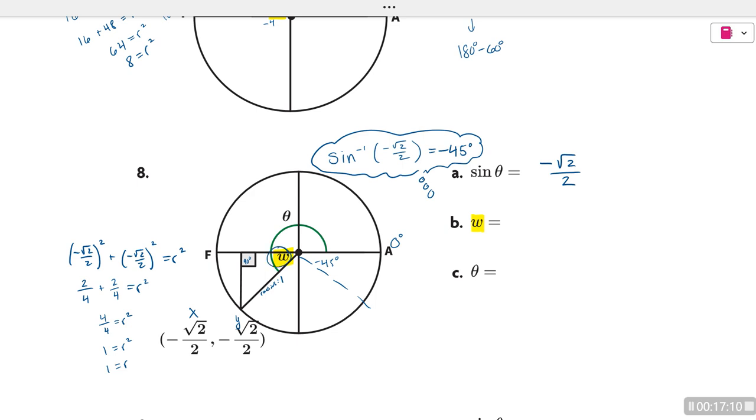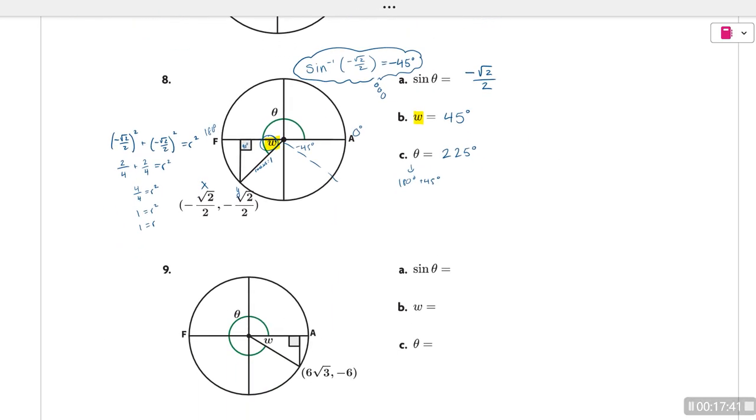So we can know that in this triangle, we can use this positive 45 degrees as our answer there. And now to get theta, we think, okay, if this is 180, it's 45 below 180. So we have to actually add that 45 onto our 180 degrees. So we get 225 degrees.